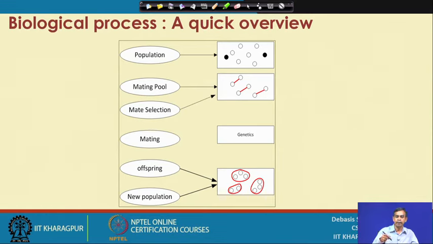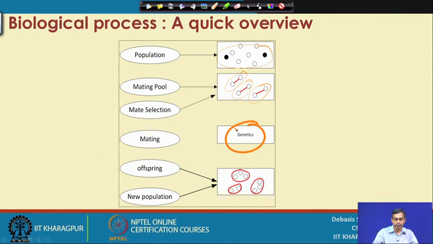I will briefly summarize the concept that we have learned so far. If we have an initial population, then from this population we form the mating pool. Mating pool means we see who can be fitted for mating. So, there is a mating selection, like marriage. After the mating selection, mating starts, and genetics is followed.